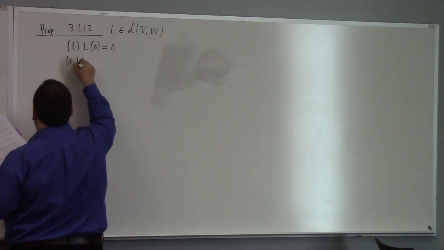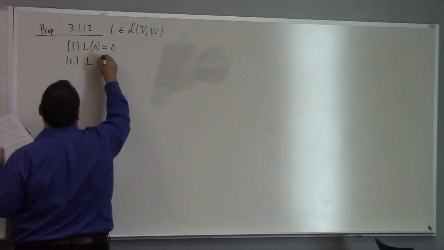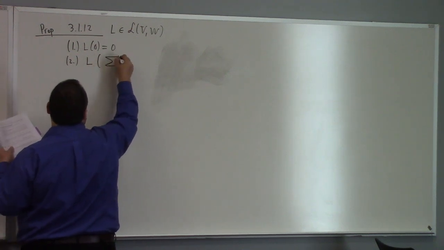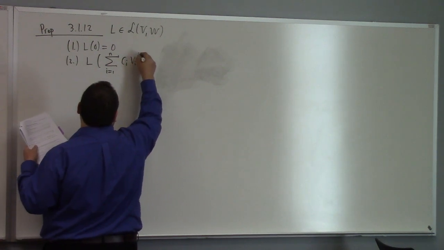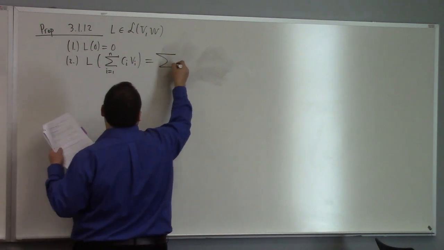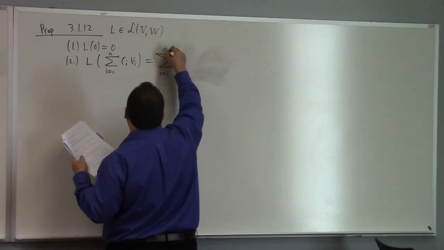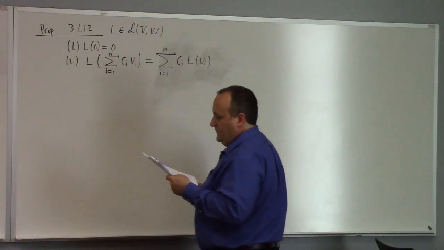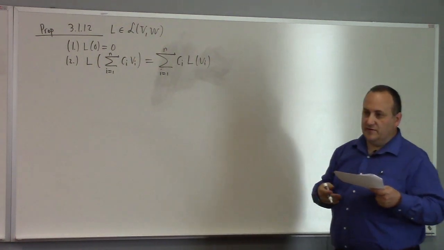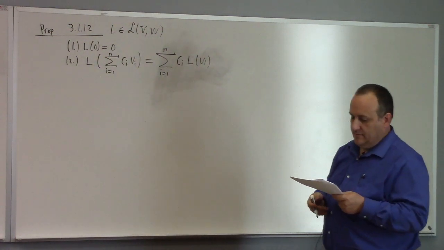Point number 2, L of a linear combination, the sum i equals 1 to n of Ci Vi, is the sum i equals 1 to n of Ci L of Vi. Now I have used just plus dot dot notation in the notes, but there you go.